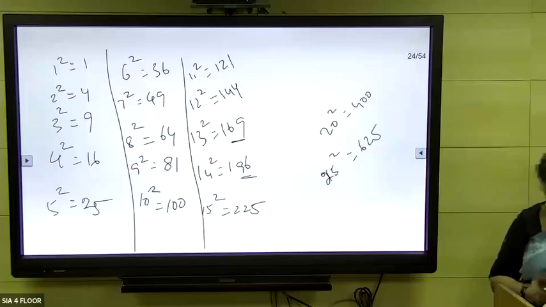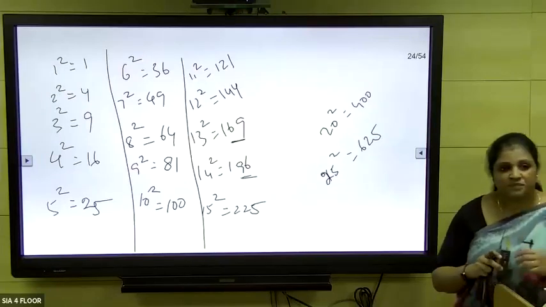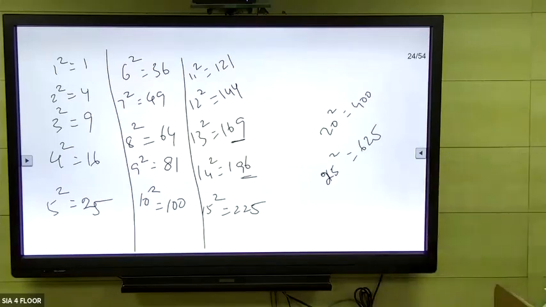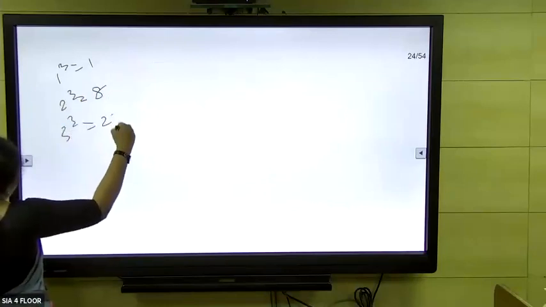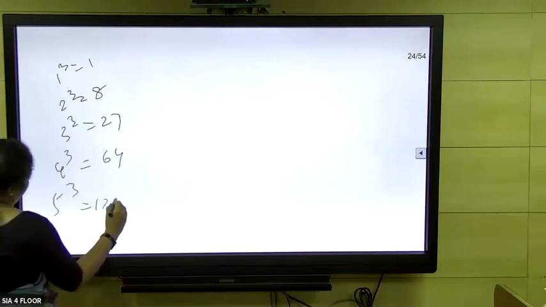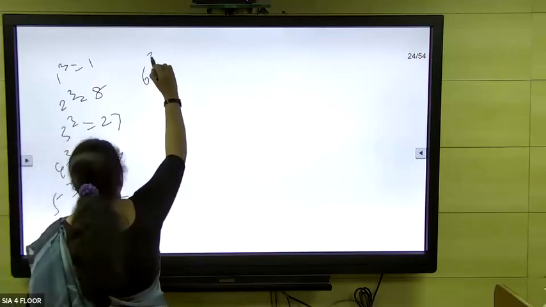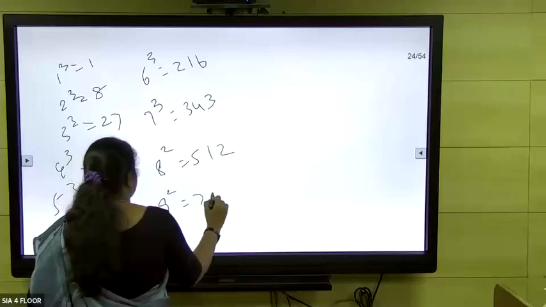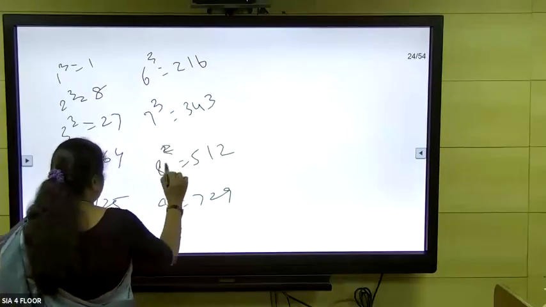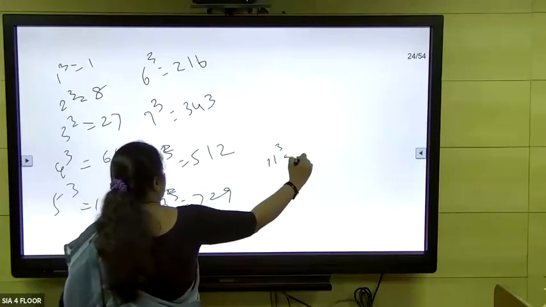Okay, then I'll write the cube numbers now. 2 cube 8, 27, 64, 125, 216, 343, 512, 729, 1000, and 11 cube, 1331.